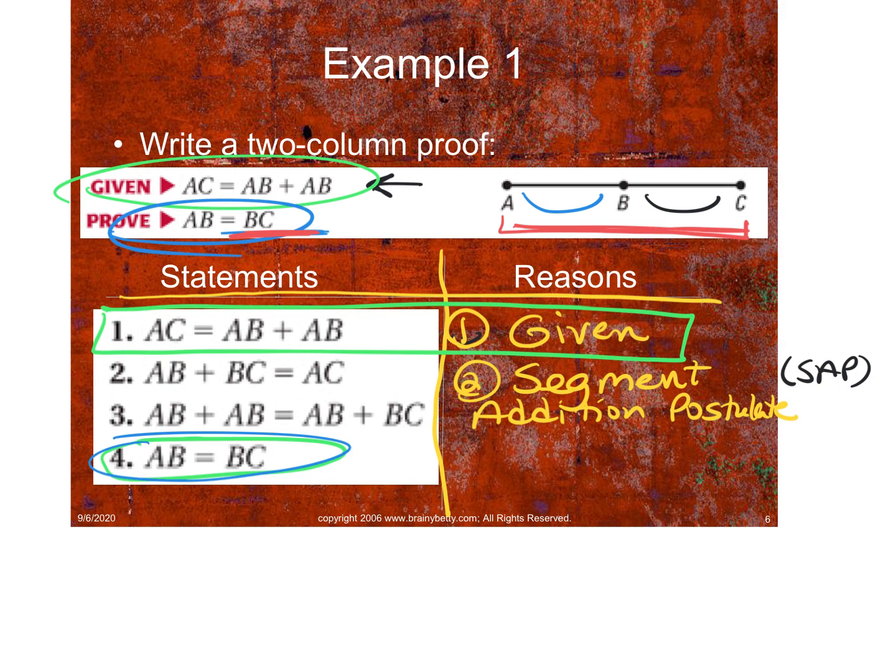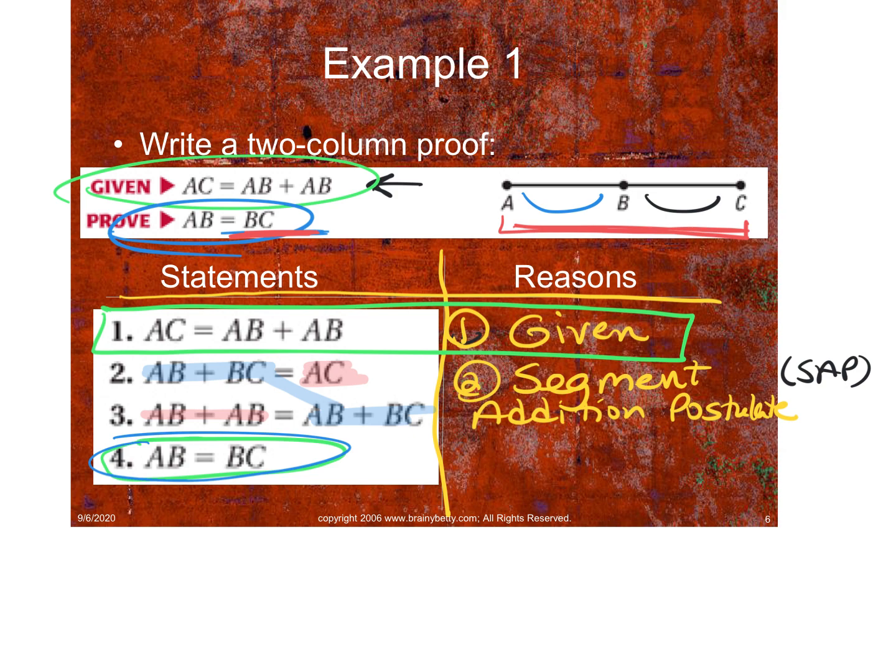Now we have to look to see what changed from step 2 to step 3. If you notice over here, they have AB plus BC, but then in step 3, they also have it over here. What changed is AC, and they made it AB plus AB.